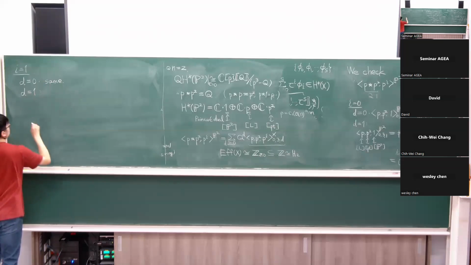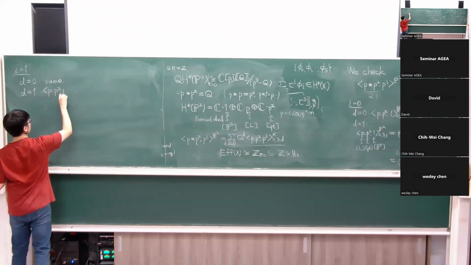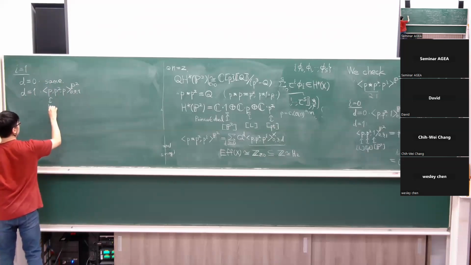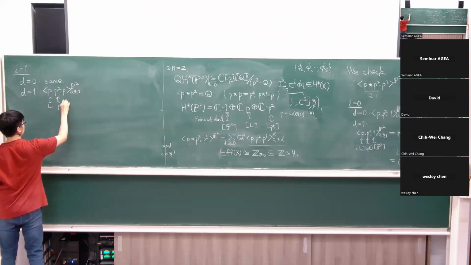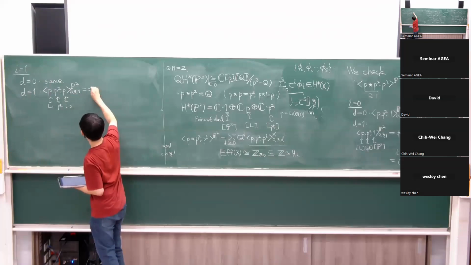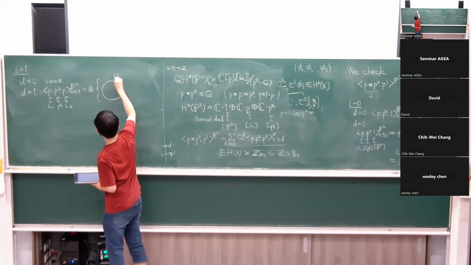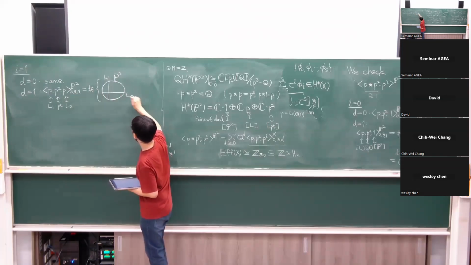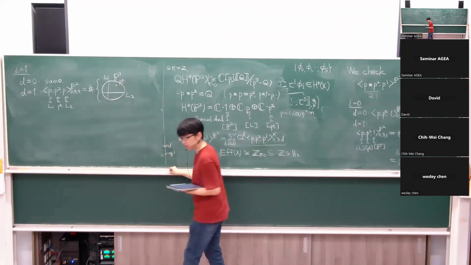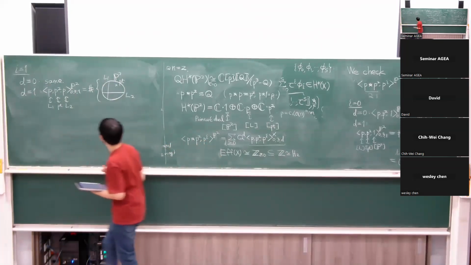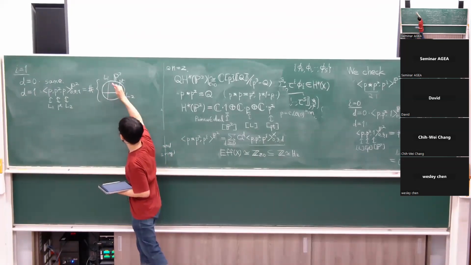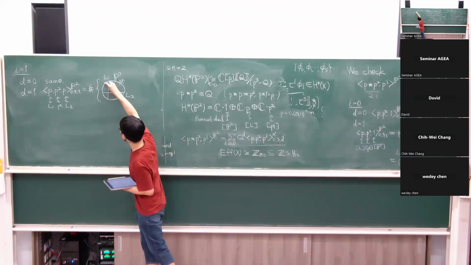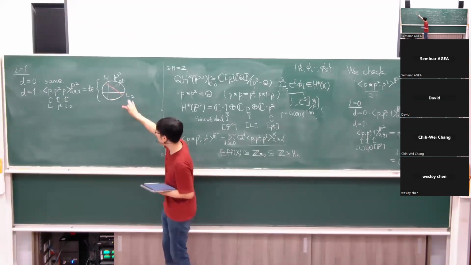For d equal 1, we take their Poincare duals and put them on P2, like this, and count lines that intersect with these 3 subvarieties.